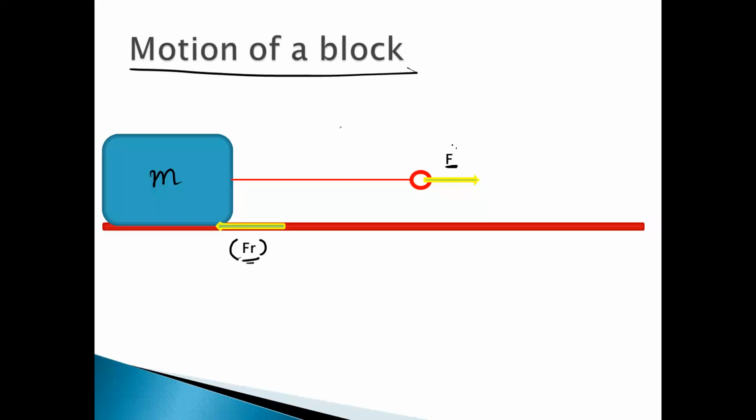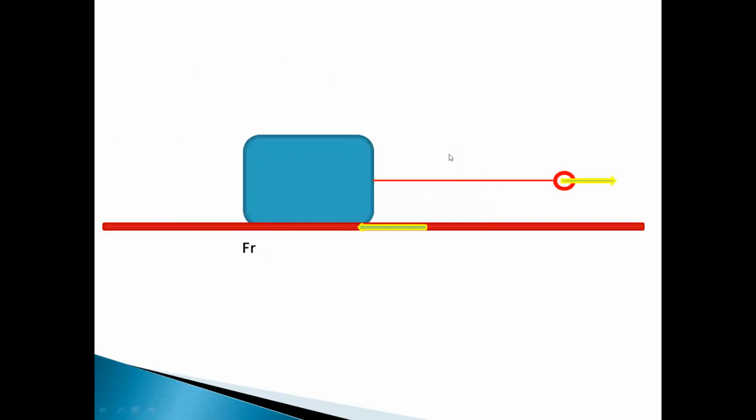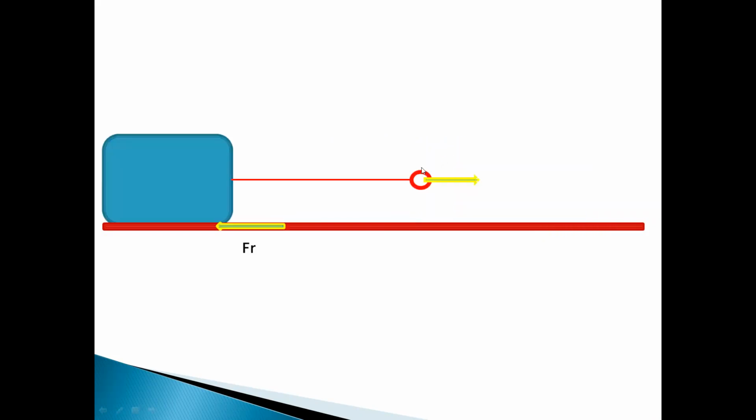If there is a motion because of the force F, then friction will try to oppose that motion. For the motion, we need to overcome the frictional force by applying the external force. So if the external force is greater than the frictional force, then there is a motion of the object.